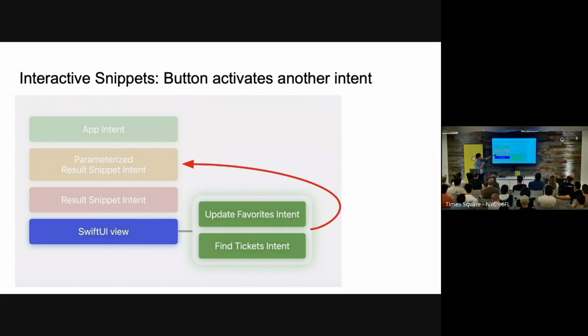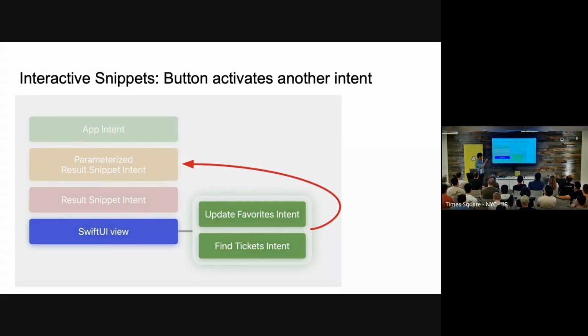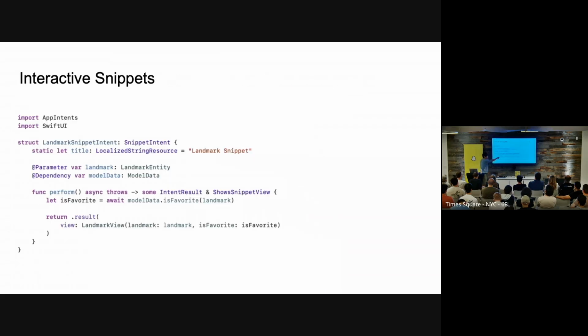And then when that update favorites intent completes and returns a particular result, it goes back up to the loop and the parameterized snippet intent that we defined is going to run again. So again, this is going to run again once the button is pressed and the core logic of the update favorites intent completes. This perform method is what runs again and returns a new result.